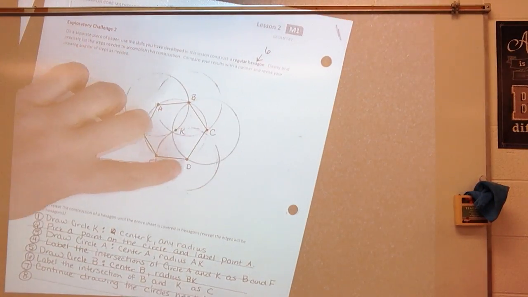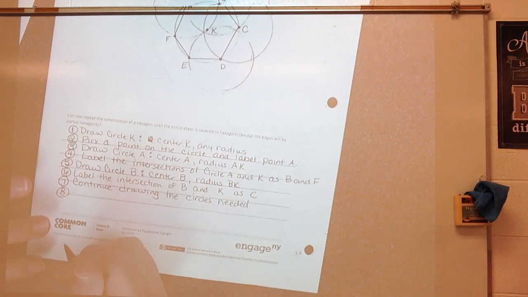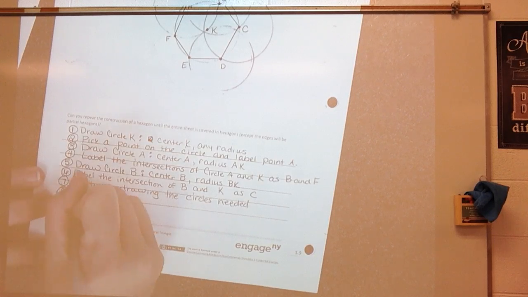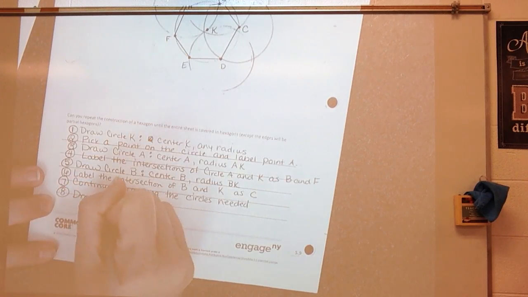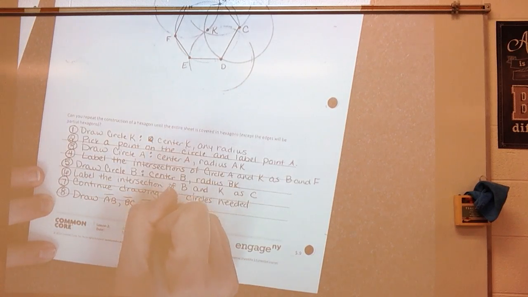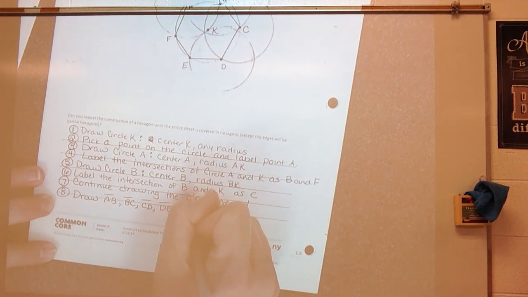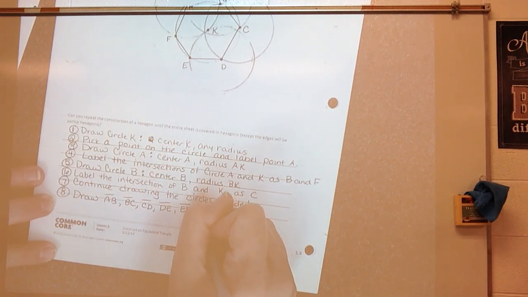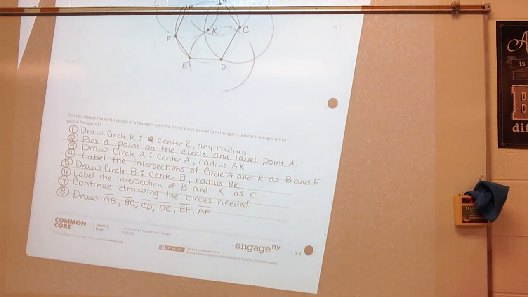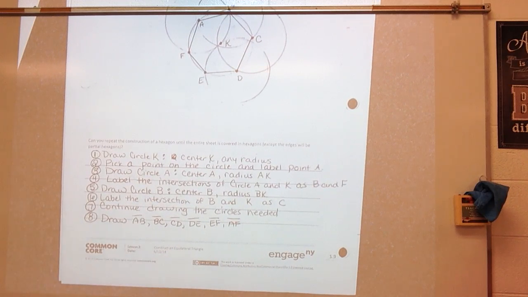One, 2, 3, 4, 5, 6. I now have a hexagon. So my last step is to draw segment AB, segment BC, segment CD, segment DE, segment EF, and segment AF. Okay? So that is my last step to drawing this hexagon.